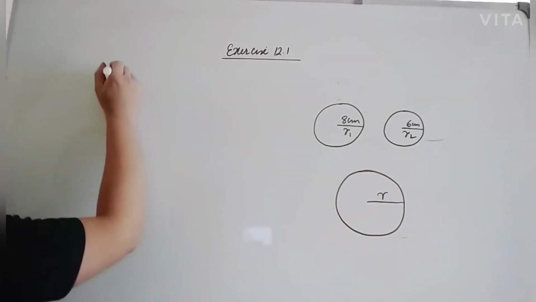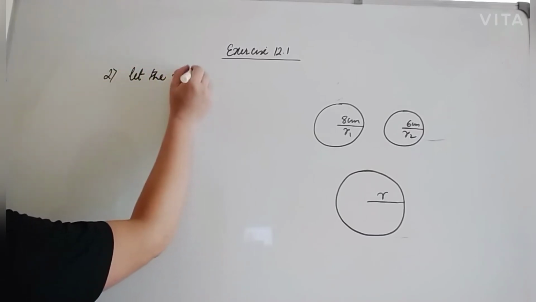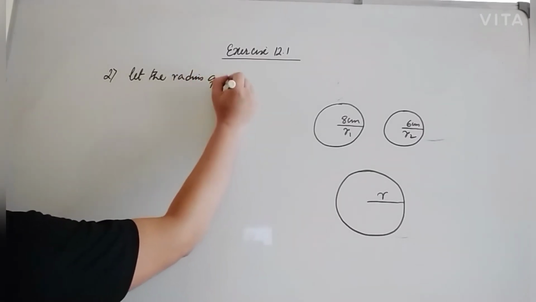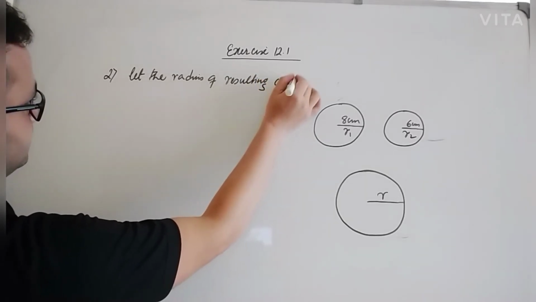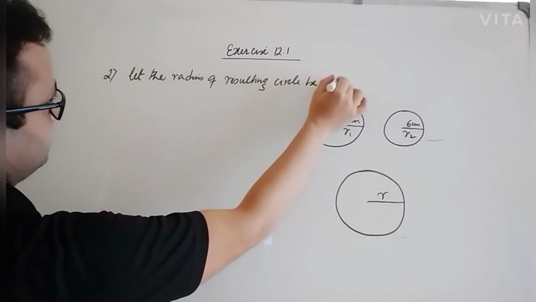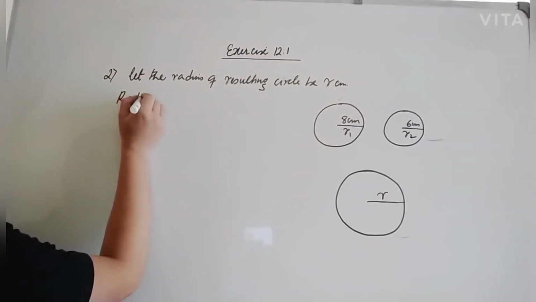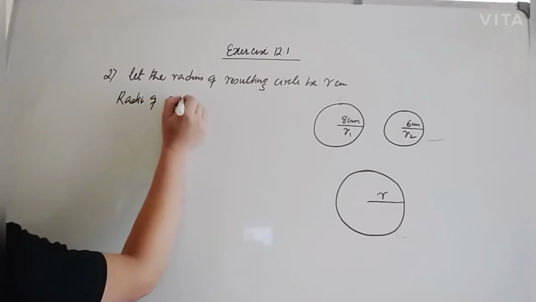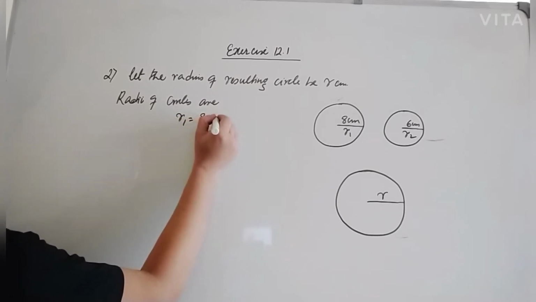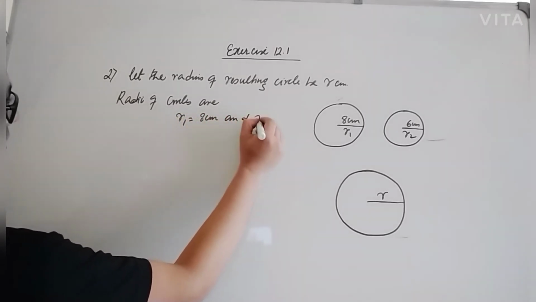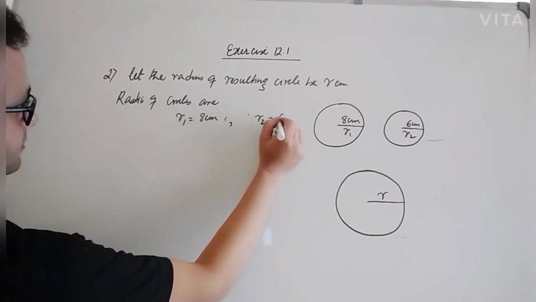Let the radius of the resulting circle be r centimeter. So the radii of the circles are r1 equals 8 centimeter and r2 equals 6 centimeter.